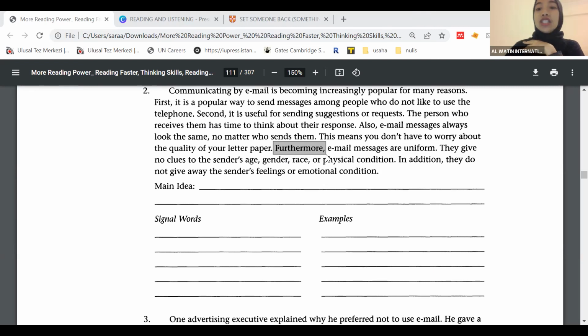Furthermore is a conjunction to add words, like moreover, in addition, additionally, to give more reasons. If you want to explain more about that, you can use this word, furthermore.